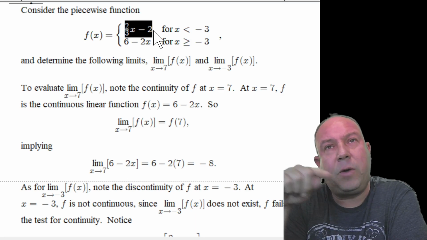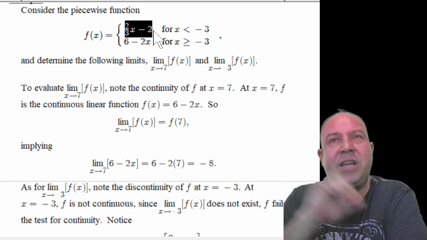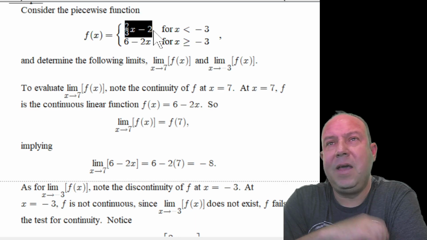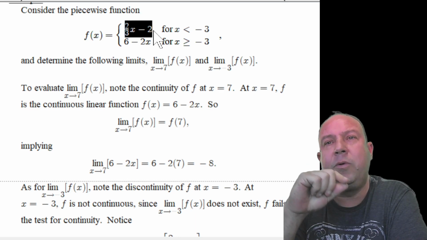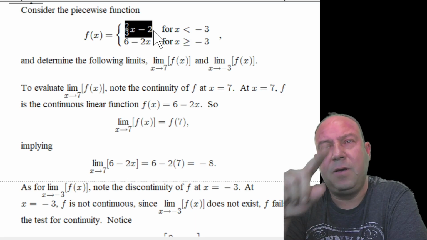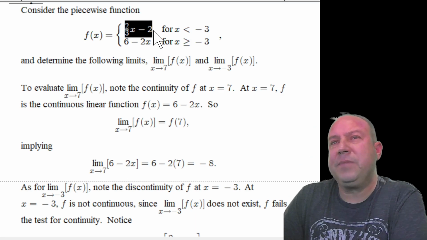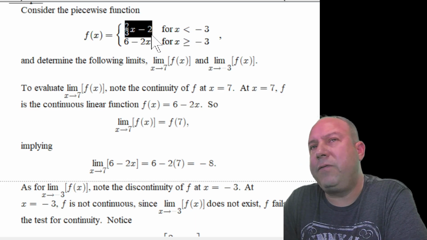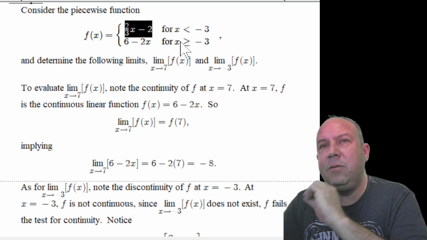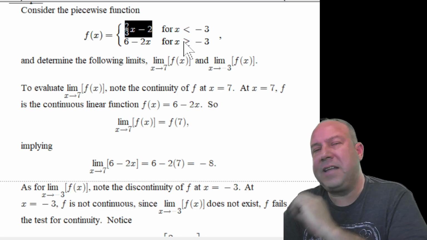Take away another 2, and as x approaches -3, the output would also be approaching -3. One thing you'll note is that the approach to -3 from the left is not the same as from the right. From the right, it was 12. From the left, it's -3.